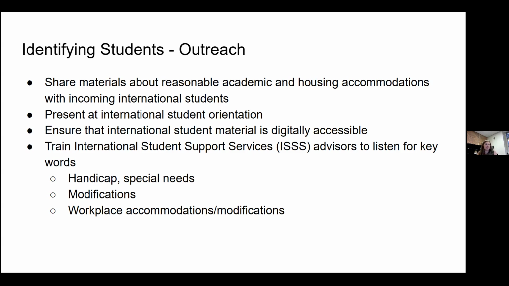Another thing is ensuring that international student materials are also digitally accessible. Here at the University of Missouri, our International Center has their own marketing and communications team, so I don't work directly with that information.